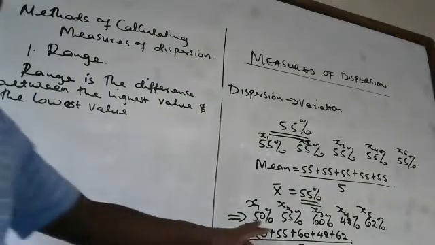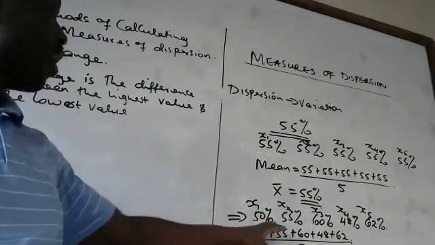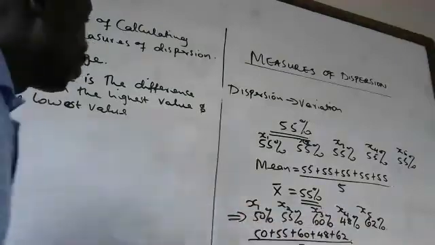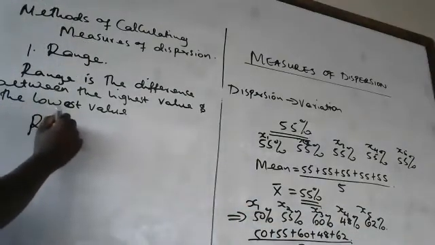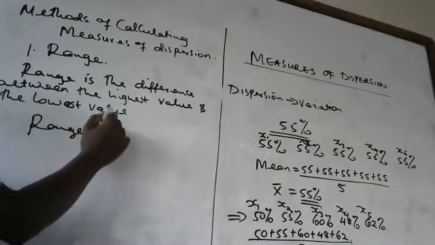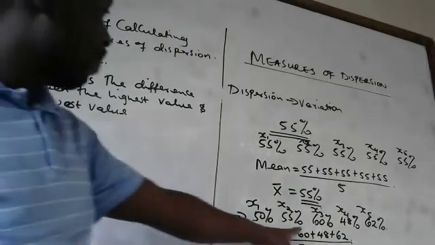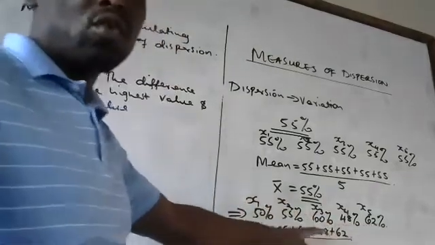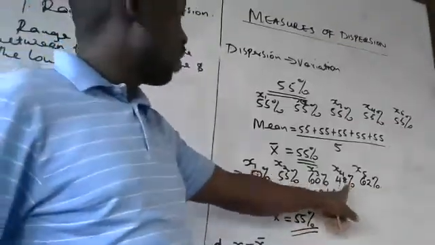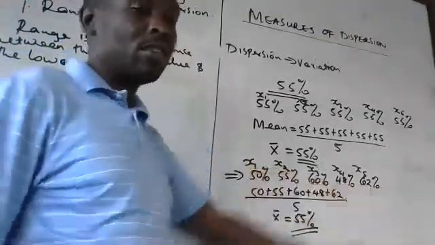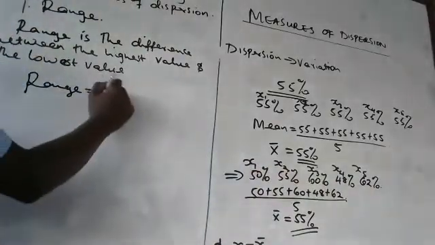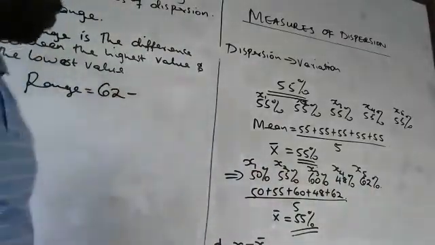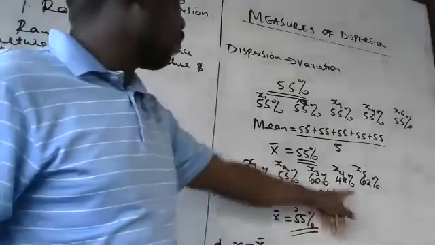When we go to this particular data here, if we are told to get the range, you say that the range is given by the highest value. You realize that the highest value in this distribution is 62. Therefore, the range is 62 minus the lowest value, which is 48.